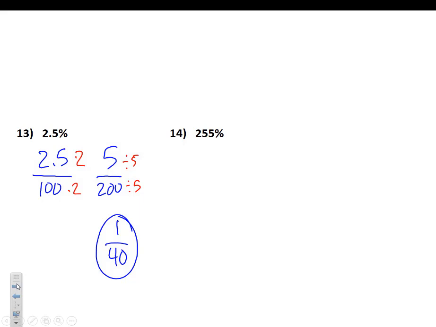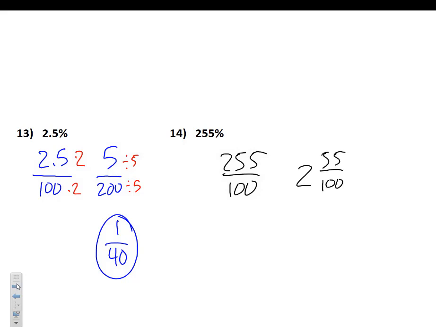Moving on to 14, 255%. Going to drop that percent sign, 255 over 100. And I'm going to turn it into a fraction. I have to simplify. Well, first thing I know is that is an improper fraction. And I know that 100 goes into 255 2 times with 55 left over.